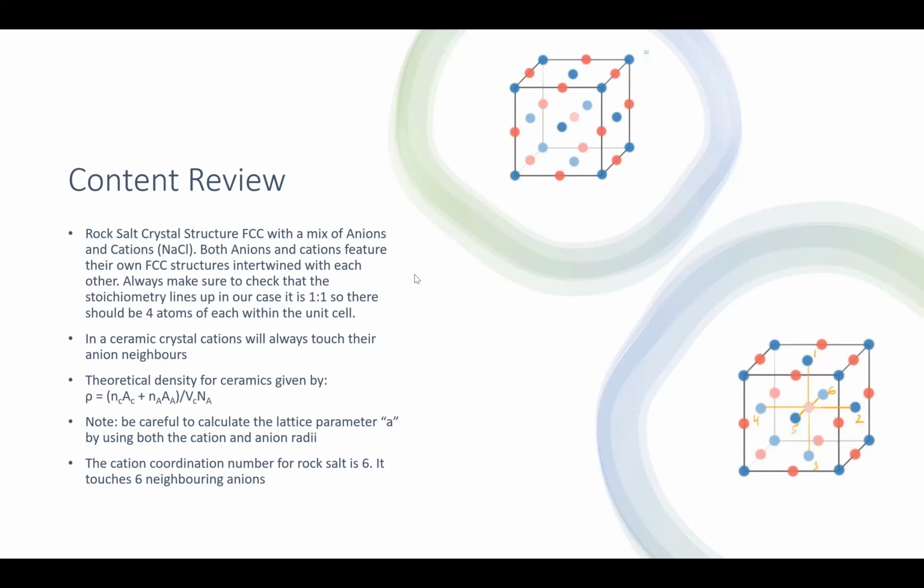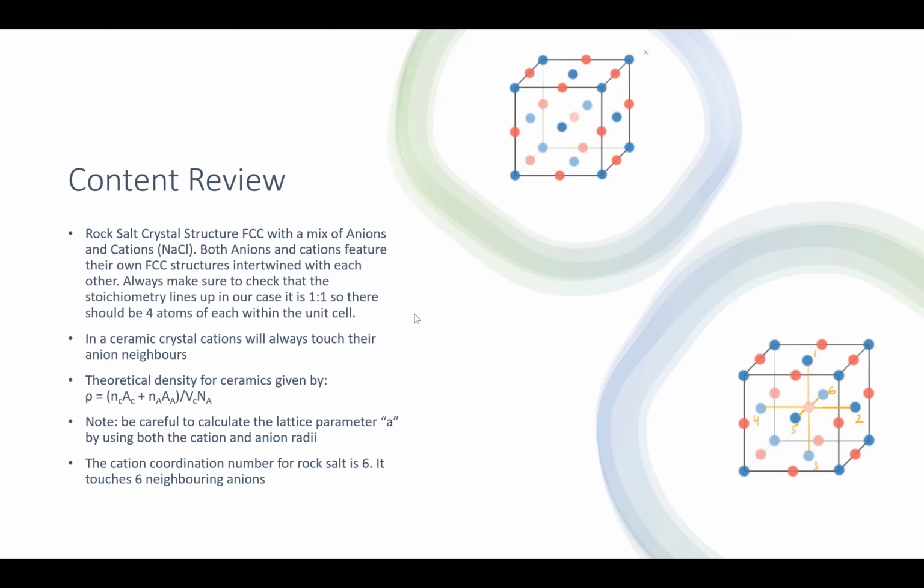So when you're working with these more complex anion-cation structures, just make sure that whatever your ratios are line up with whatever's in the unit cell. So with this 1-to-1, there should be 4 total atoms of each within the unit cell.